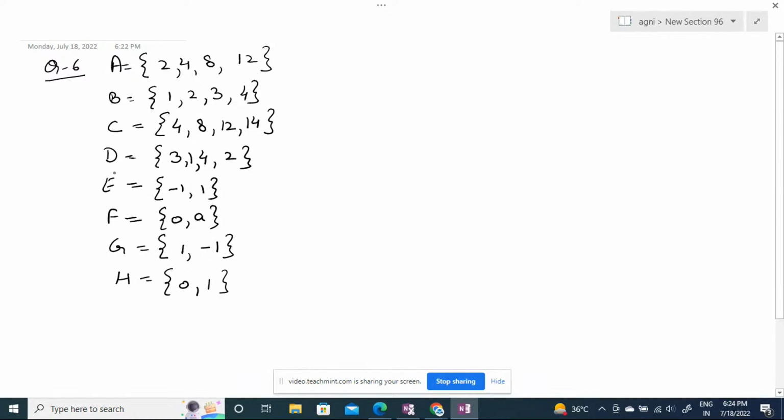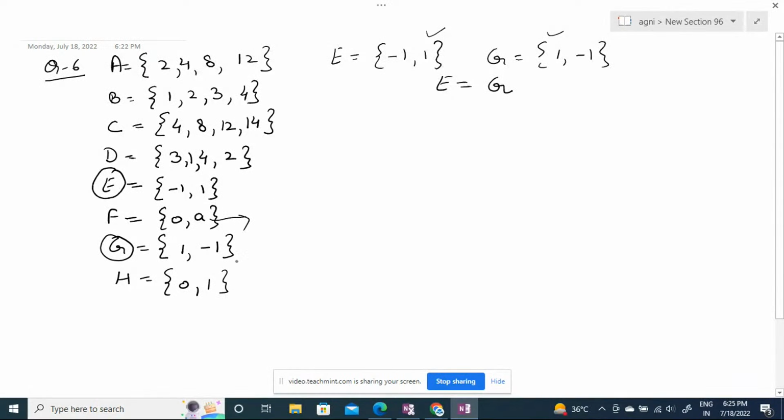Now we can see easily E and G, they are same, because in E we have -1 and 1, in G we have 1 and -1. So we have two elements in both and the elements are also same, so E is equal to G. Now this is 0, A and 0, 1, so these are not equal to anything. Okay, now you can see D and B, they are also equal, because in B we have 1, 2, 3 and 4.